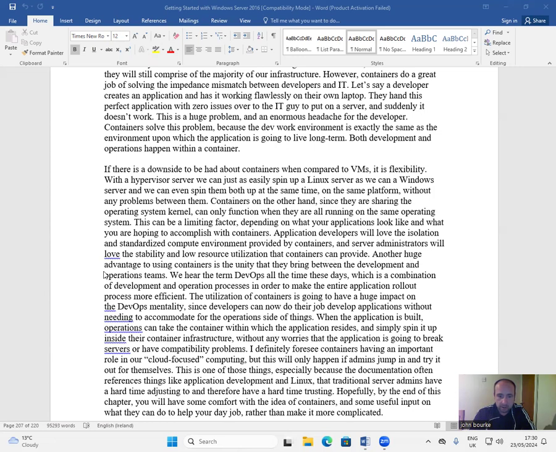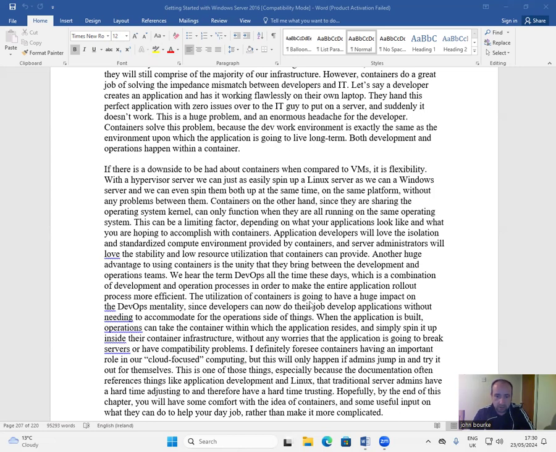Another huge advantage to using containers is the unity that they bring between the development and the operations teams. We hear the term DevOps all the time these days, which is a combination of development and operation process in order to make the entire application rollout process more efficient.